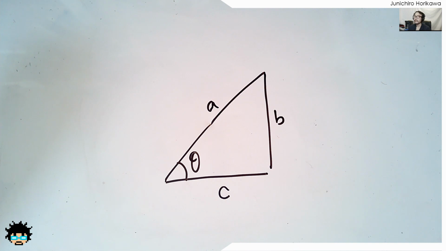Now let me first outline what I'm going to talk about today. I'm first going to describe briefly what trigonometry is, then explain the differences between radians and degrees. Then I'm going to explain the basic trigonometry functions, which are sine, cosine, and tangent, together with some exercises using them to draw some computational geometry.